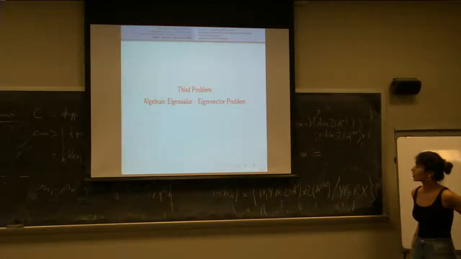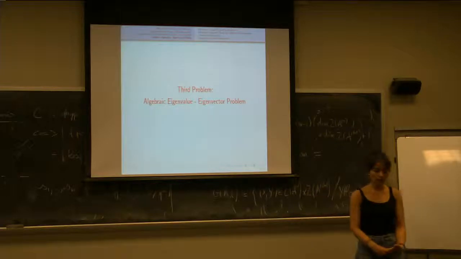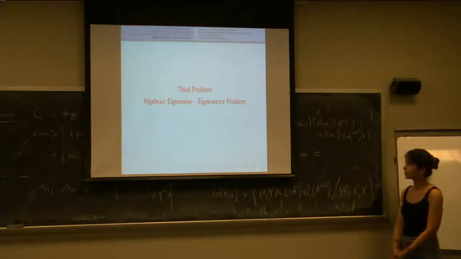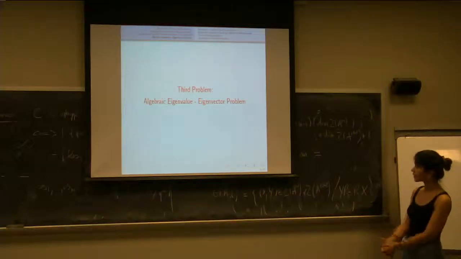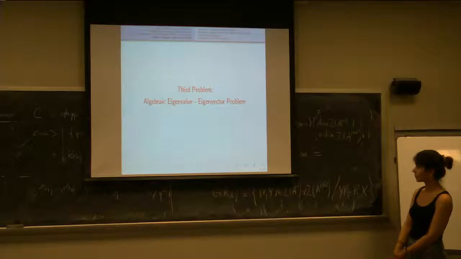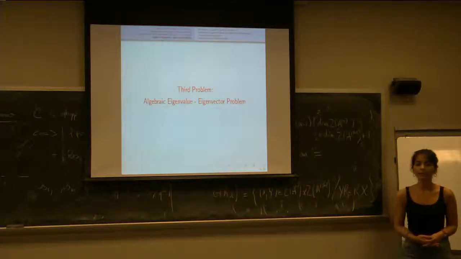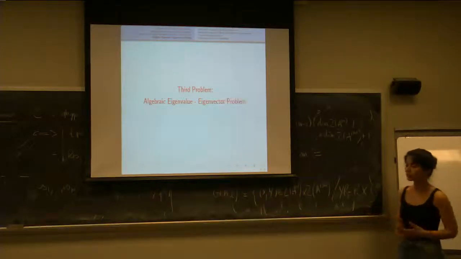Okay. So the third problem I am interested in is what information the Moser criterion and the Moser-Barkatou algorithm can give about the algebraic eigenvalue-eigenvector problem. And the reason I am interested in this problem is that we needed to compute the Katz invariant.